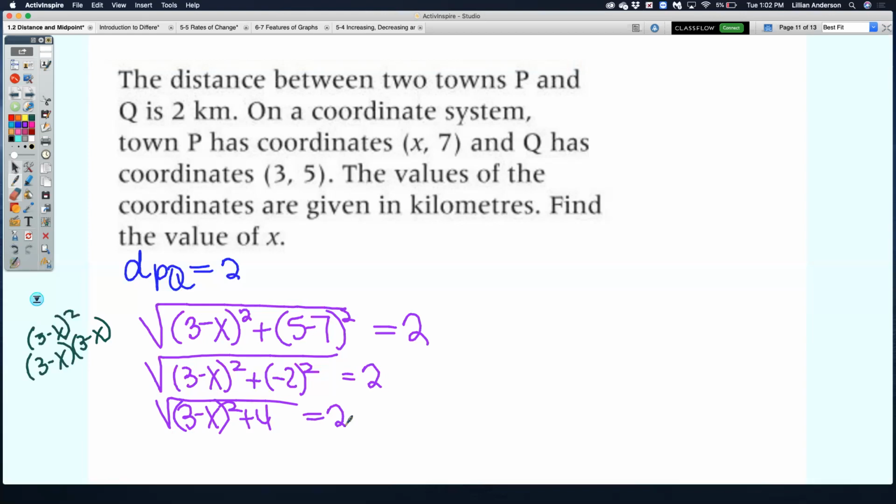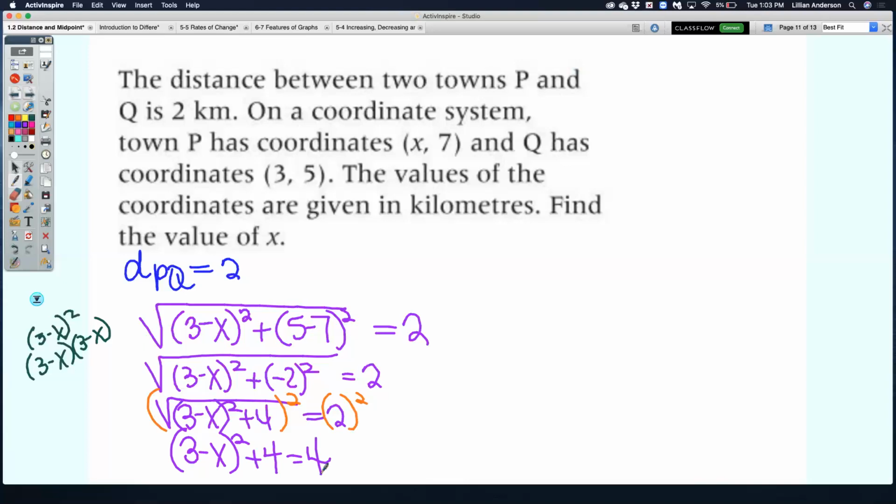I'm trying to solve for x, so that means I gotta get it by itself. How do I undo a square root? How do I get rid of a square root? I square it. Not just that side, but I need to square the other side. So then that'll give me 3 minus x squared plus 4 is equal to 4. Now what can I do?